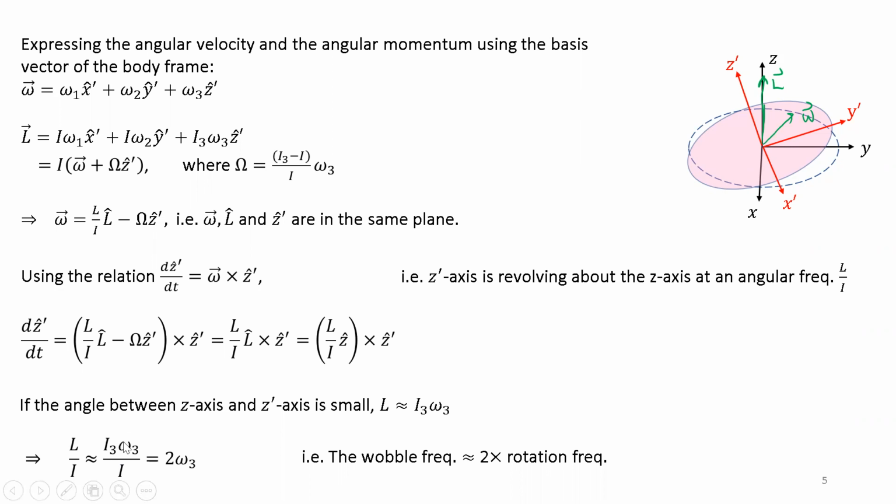Okay. So then that is a factor of 2. So then that is 2 times omega 3. Okay. So that is, the wobble frequency is actually approximately equal to 2 times the rotation frequency.